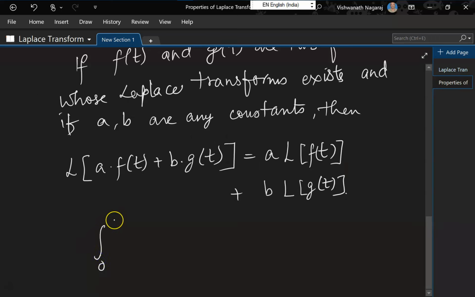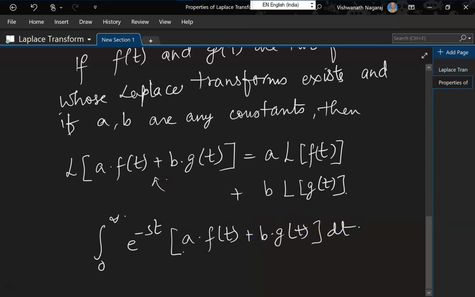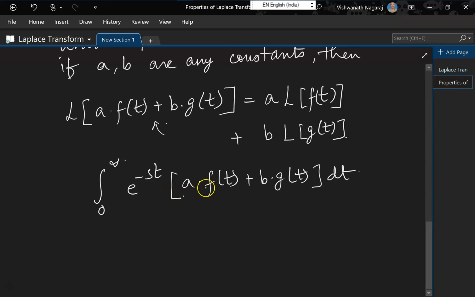Remember, the Laplace transform is written as the integral from 0 to infinity of e to the power of minus st times, let's take this, a times f of t plus b times g of t, dt. Now this we can split up based on rules of integration.